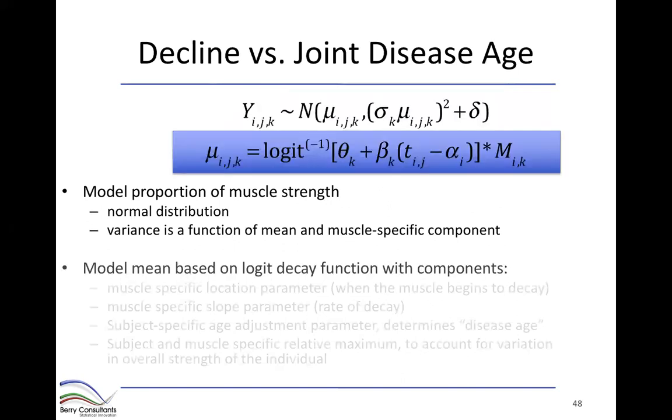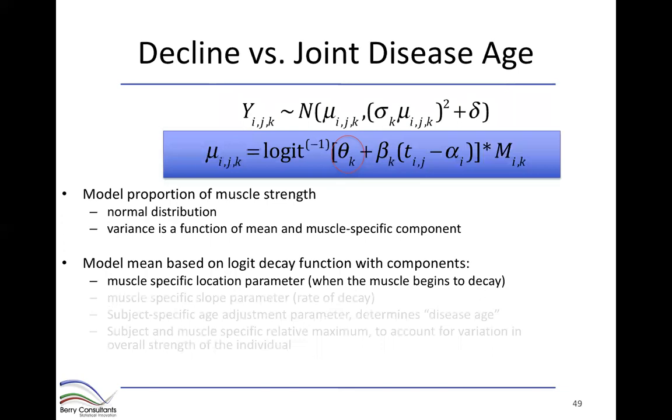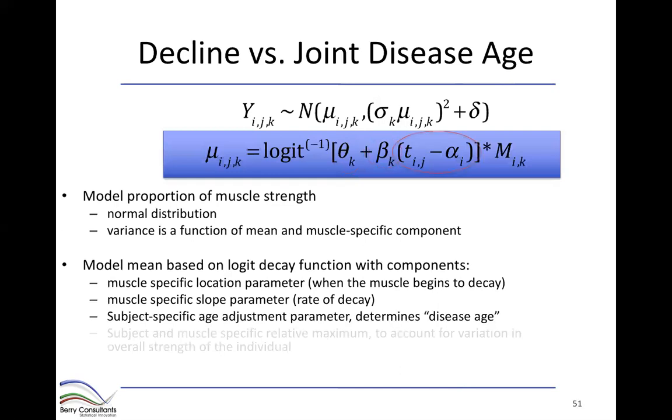The mean itself is, we assume, a logit decay function with the following components. First, we have a muscle-specific location parameter. This will say when each muscle is going to start the decline. We have a muscle-specific slope parameter that tells us the rate of decline for each muscle once it has started to progress.